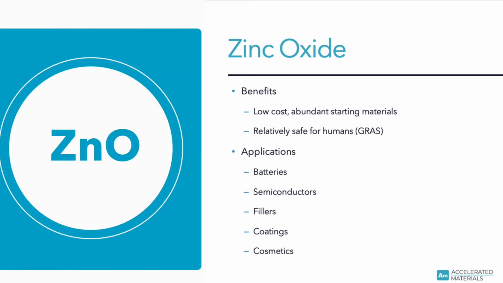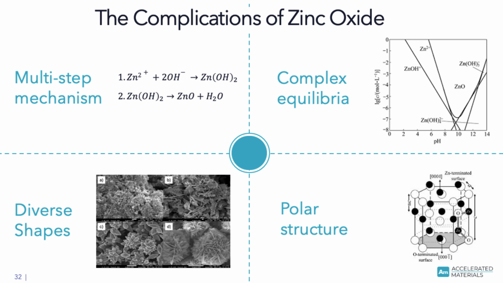However, the difficulty with zinc oxide is that it can form many different morphologies and structures, and it's very sensitive to the reaction conditions. This is why it's a perfect case study for us, because even if you change the pH by just 1, you can get a different morphology and a different structure. So that's why it's a really nice thing for us to showcase for you guys here today.